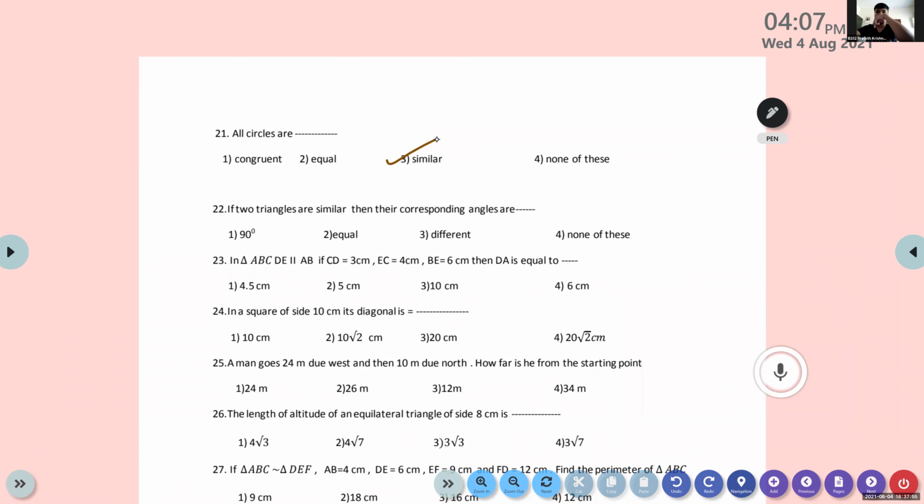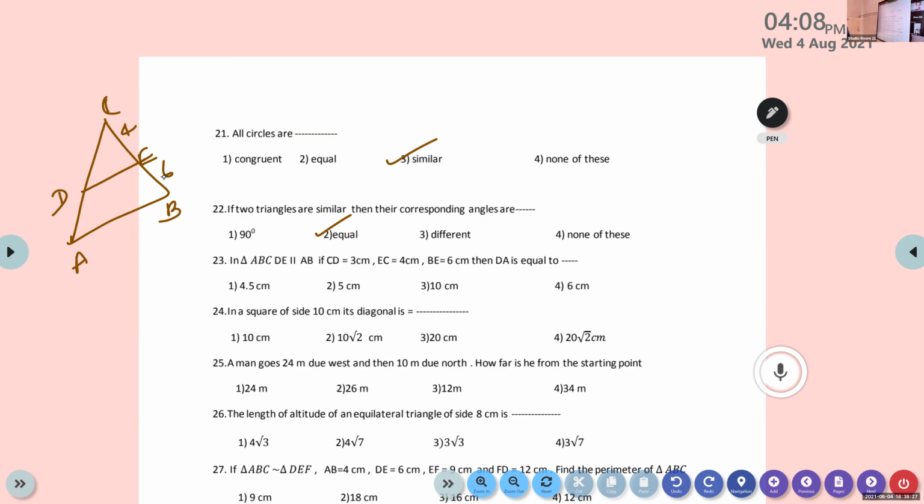Similarly, if two triangles are similar, then the corresponding angles are equal. Again, look at the next one. In triangle ABC, BE is drawn parallel to AB. EC is given as 4. BE is 6. Then what is the length of BA?